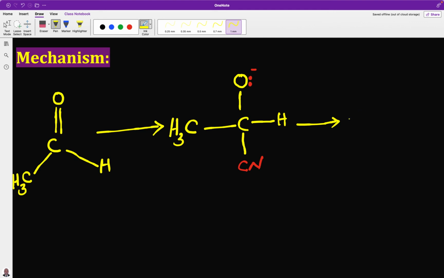We will have H3C here. That is where the new hydrogen ion was picked up, and finally the hydrogen that was initially there will be here.